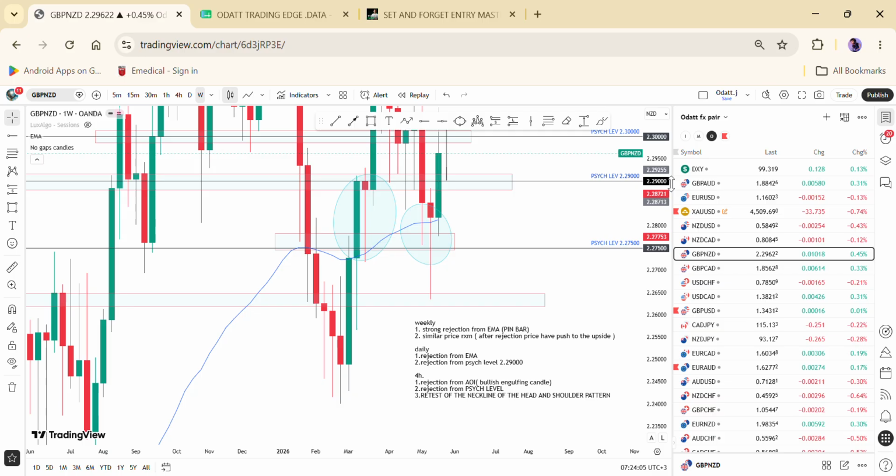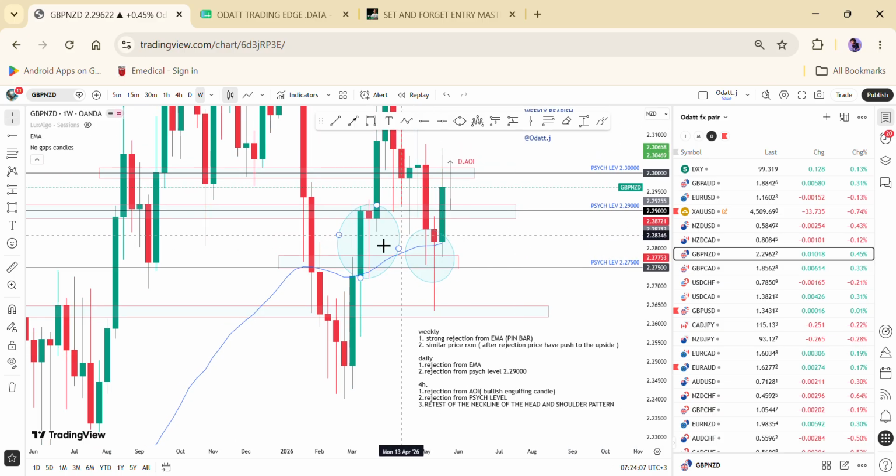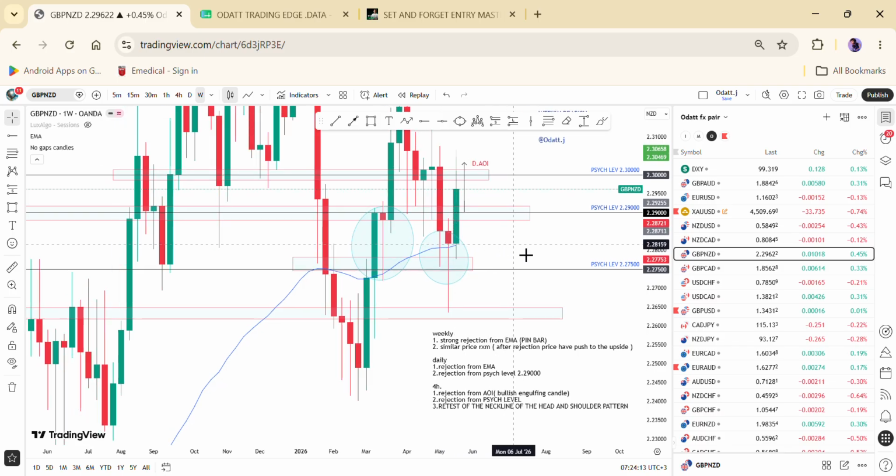This increased the confidence that, okay, despite that on weekly we have shifted structure to the downside, there is a high probability this market will have a pullback, maybe to retest this structure point over here before we head to the downside.